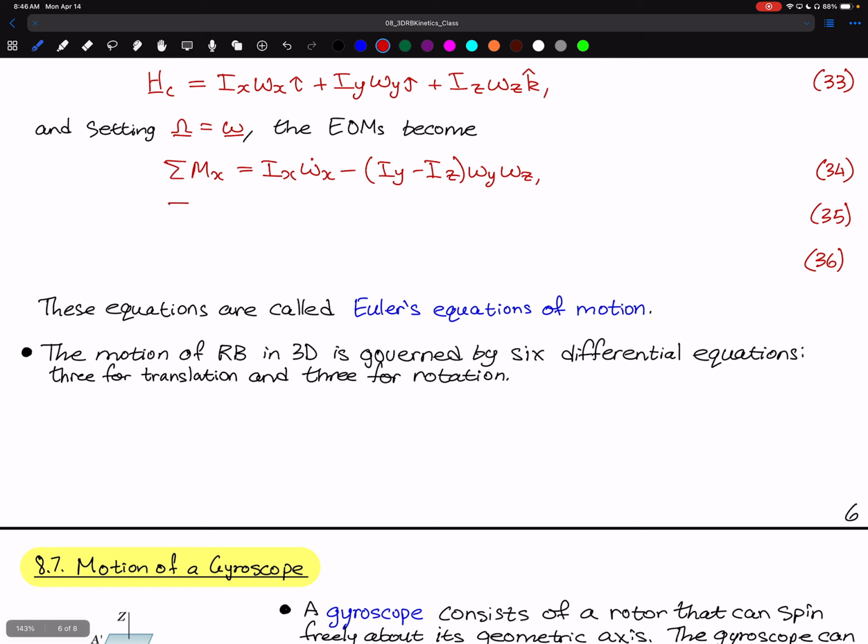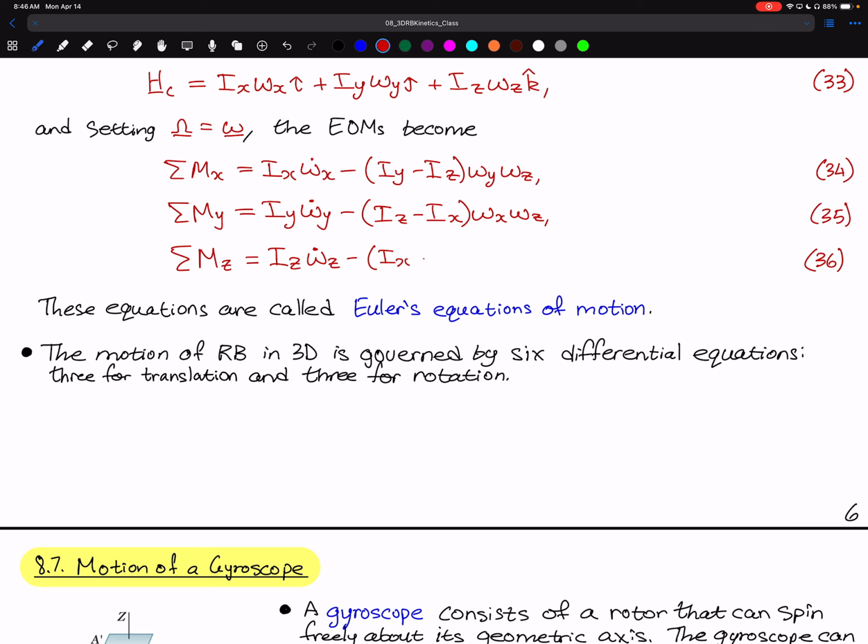Then the sum of the moments in the y direction is equal to Iy omega y dot minus the quantity I sub z minus I sub x times omega z times omega x. And lastly, the sum of the moments in the z direction is equal to I sub z omega z dot minus the quantity I sub x minus I sub y times omega y times omega x. These equations are called Euler's equations of motion.